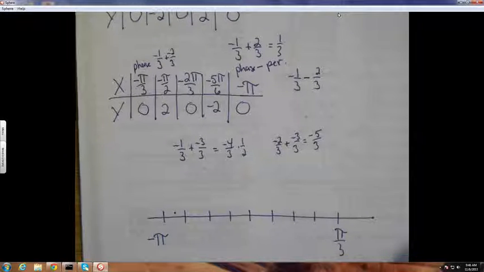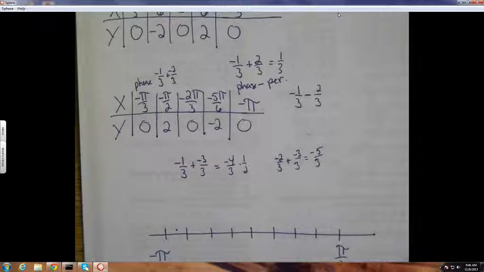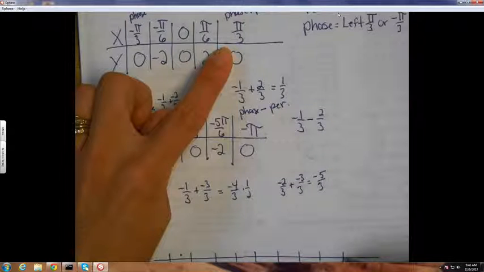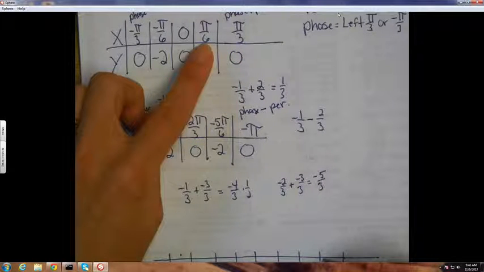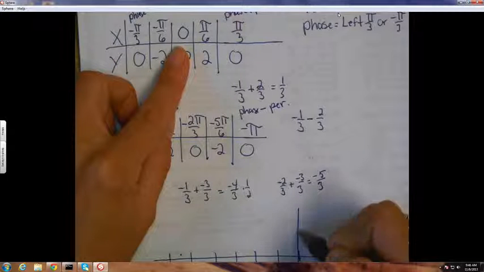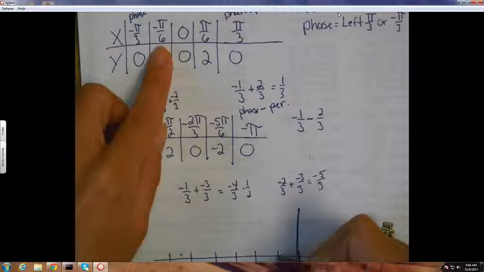Where's my y-axis at? Let's see, so this is pi over 3. Then I back up 1, pi over 6. Right here. There's my y-axis. There's my negative pi over 6. Here's my negative pi over 3.